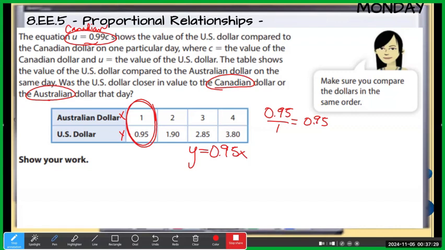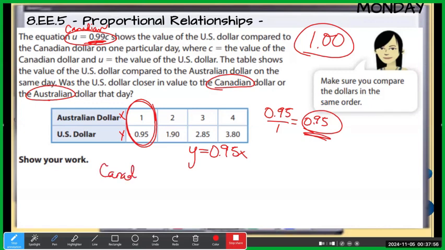How many cents is the American dollar? 99. The American dollar is one. If you got 100 pennies, that's $1. And how do I write 100 pennies? 1.00, right? So, is my 0.99 close to that, or is my 0.95 close to that? So we would answer and say Canadian.